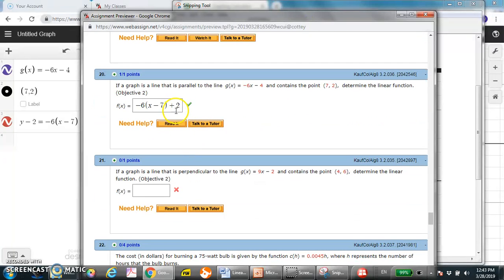Here we're not required to simplify this equation because the problem doesn't ask us to write the equation into standard form.